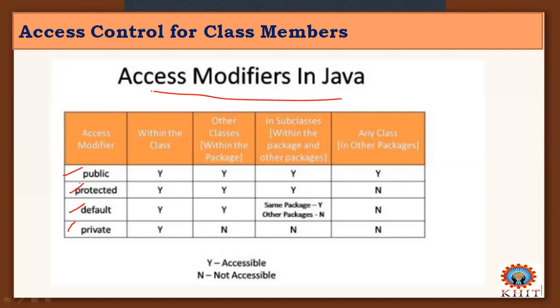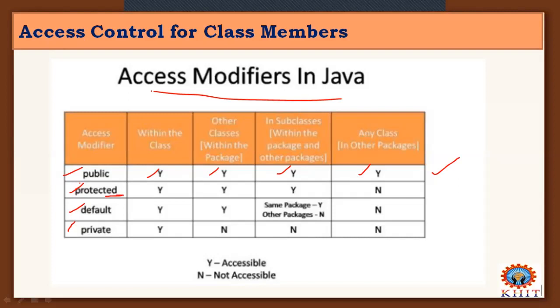Public can be accessed anywhere: within the class, other classes within the package, subclasses using inheritance, other packages. Any class in other packages is still allowed to access any public member. All are allowed to access public members of a class.